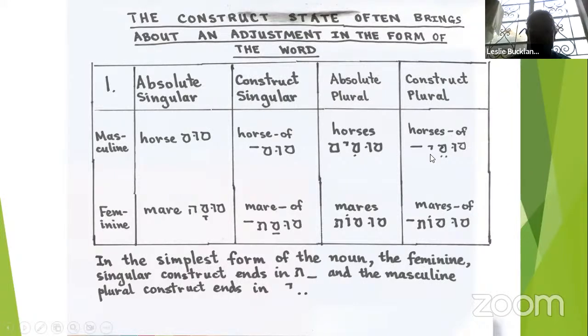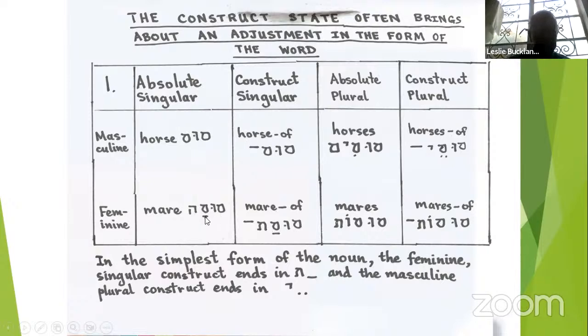So suse, horses of. Let's go to the feminine noun, susa, mare, which is a female horse. In the construct state, it is susat.